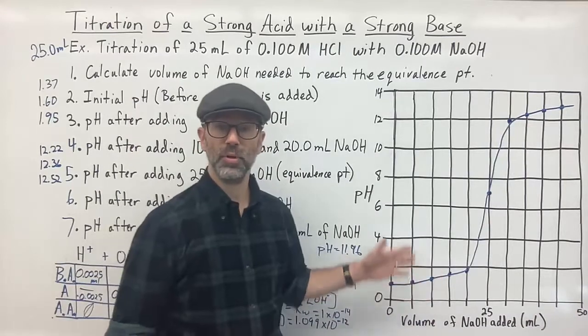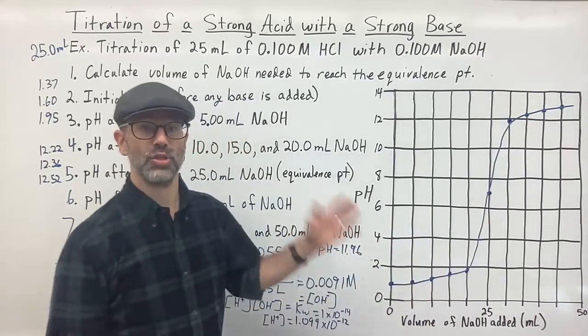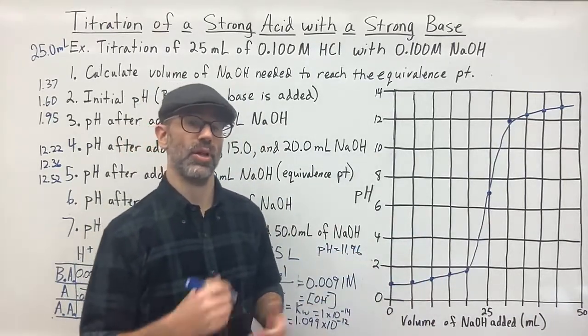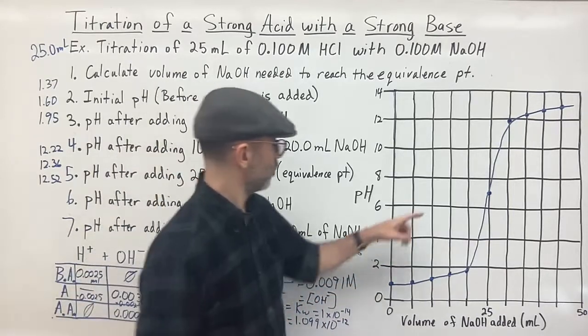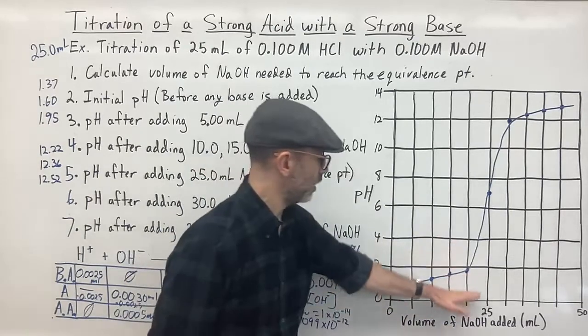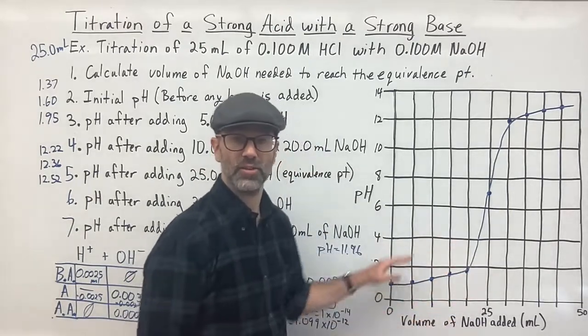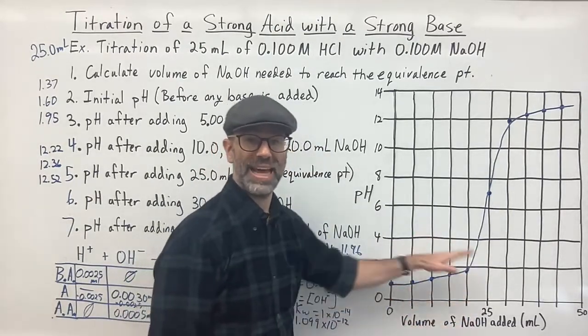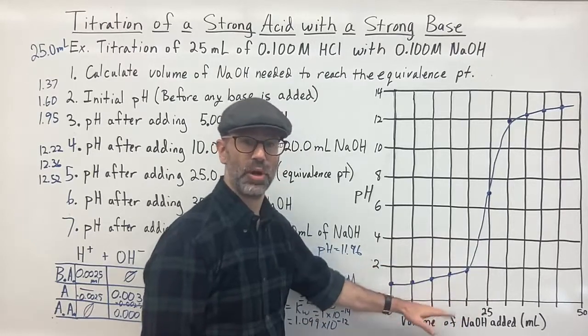So this is a typical curve for when you're taking a strong acid and you're titrating it with a strong base. And so this curve is really important because here at this end, you've got H plus is what is dominant. So that you're always going to have an excess amount of H plus at this point.